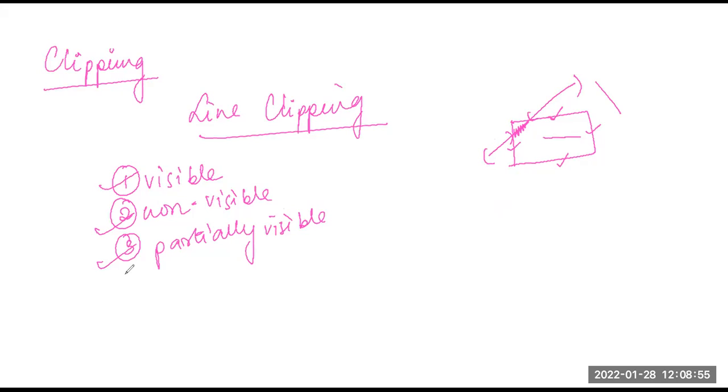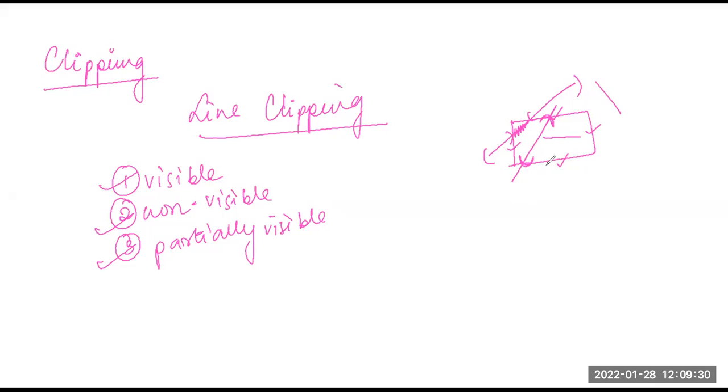Now, in the case where the lines are partially visible, there we will apply the clipping algorithms, because when a line intersects with our window, that means it is clipped against our window, then we find what is the portion that has been clipped inside our window. This is where we apply the clipping algorithms to find how much portion of the entire line falls into our window.